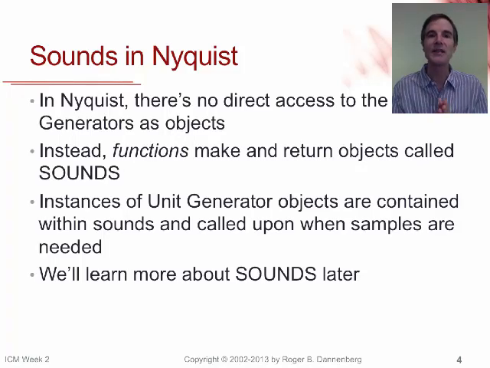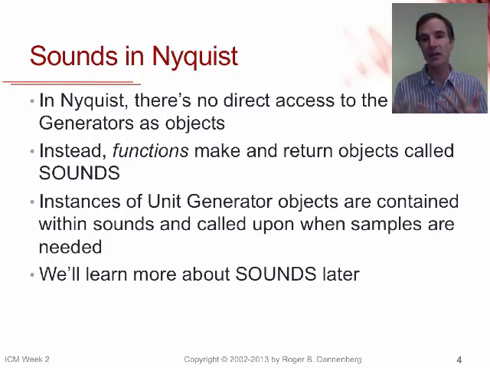In contrast, in Nyquist, there's no direct access to unit generators as objects. Instead, we use functions and function calls to make and return objects called sounds. And instances of unit generator objects are contained within the sounds, and they're called upon when samples are needed.